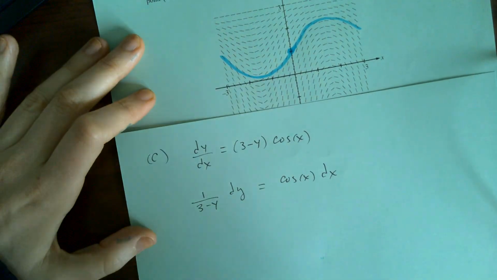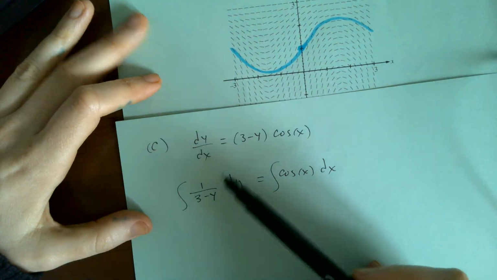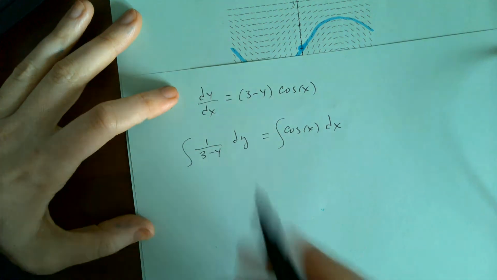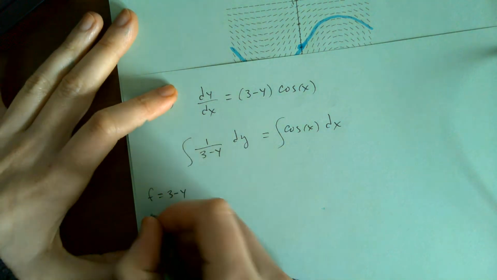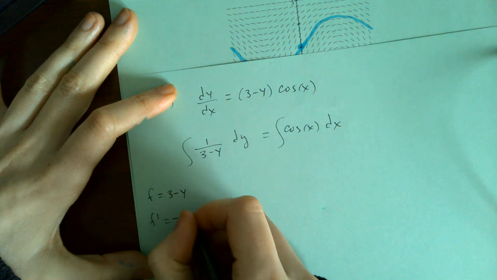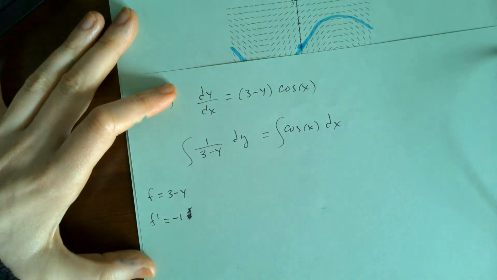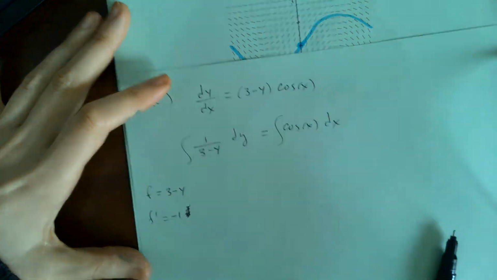Now we've got to take the antiderivative of both sides. How do you do the antiderivative of this? Well, try f prime over f. I'm going to let f be 3 minus y. Then f prime is just negative 1. So I need the top to be a negative 1.